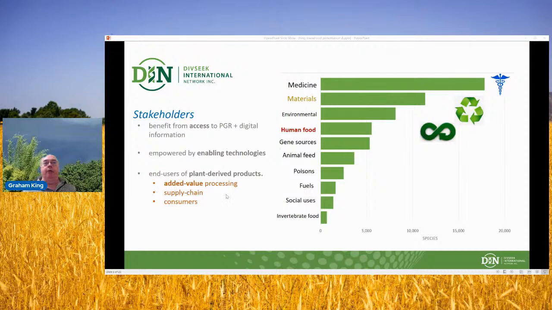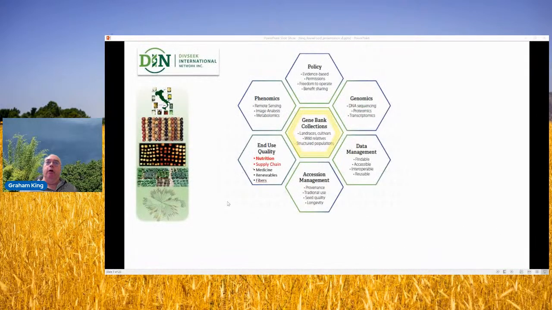And we're particularly interested in extending from some of the traditional stakeholders, such as plant breeders, through the supply chain where added value is added to the original crops. So DivSEEK works by bringing together people involved in genomics and phenomics.